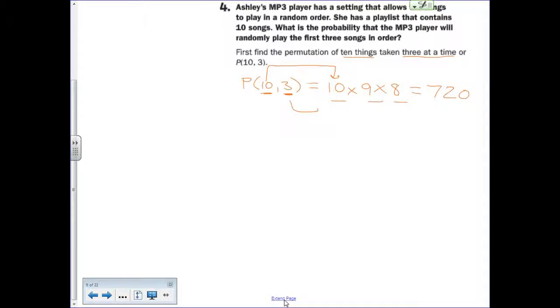Well, it would just be 1. It would just be 1 out of the 720. So the probability of the first 3 in order equals 1 over 720.